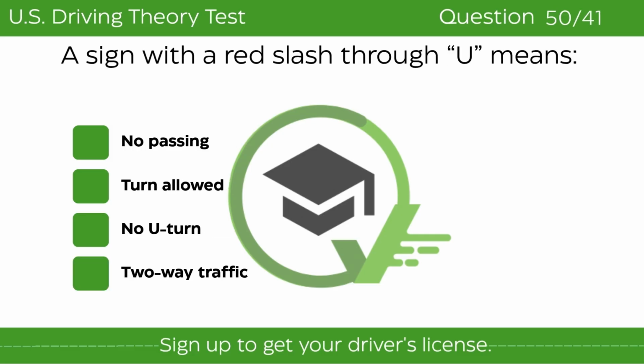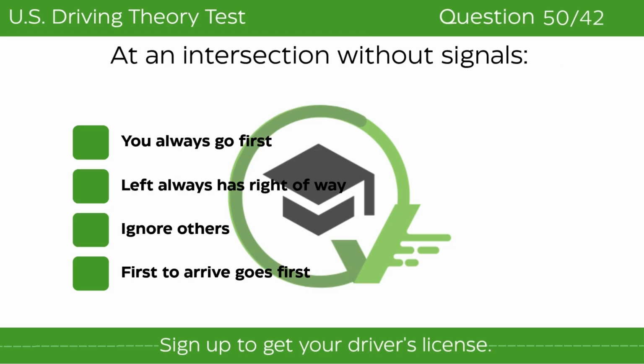A sign with a red slash through it means C. No U-turn. Question 42. At an intersection without signals, D. First to arrive goes first.